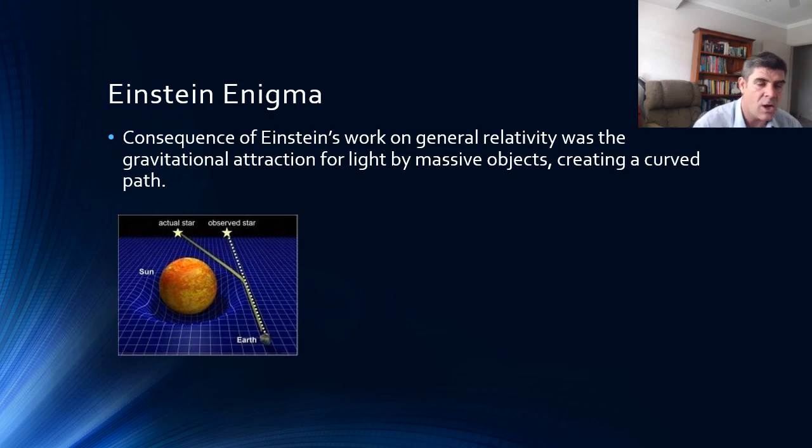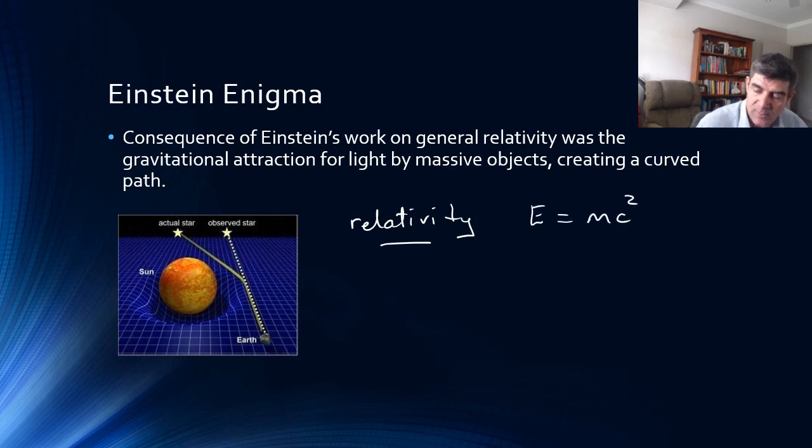Now there's a tiny complication when you are looking at gravity, because Einstein's work on relativity kind of messed us up a bit. The most important thing to remember about Einstein is his famous equation, E equals mc squared, which basically means there is an interchangeability between energy and mass.